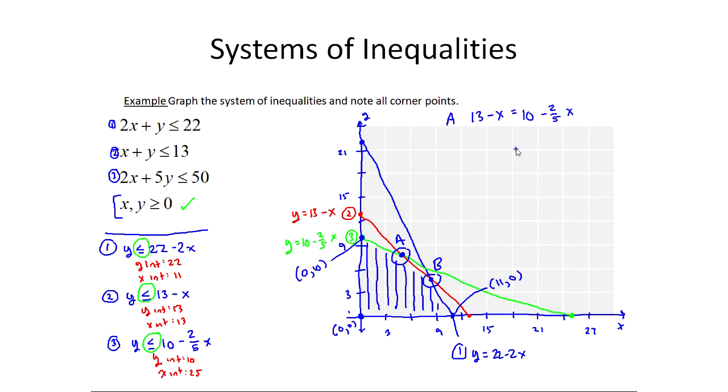And so now I solve this equation, right? So I end up with, let's see, subtract 10. I end up with 3 equals 3/5 x. And so I end up with 15 over 3 equals x, which is 5, right?